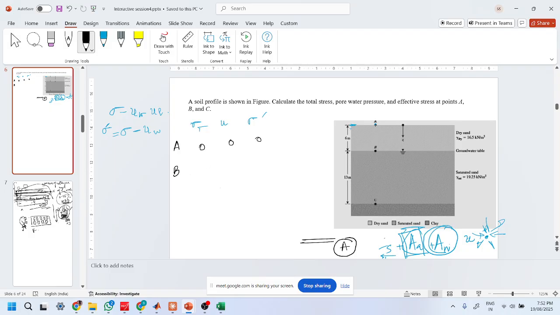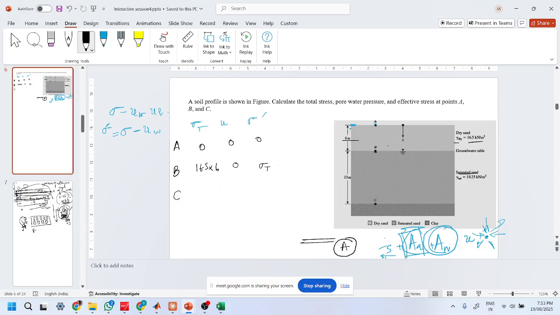And we have come down to a height of 6 meters. This is 2.5 into 6. Since there is no water, the pore pressure will be 0, and the same case.